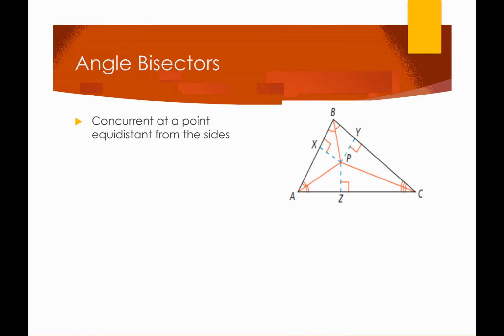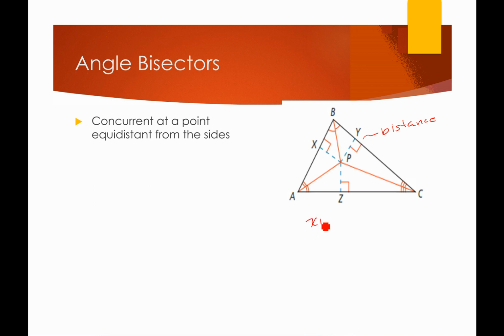Now again, angle bisectors are going to bisect each angle, and they're also going to be concurrent. That point ends up being equidistant from the sides. Remember, in an earlier lesson I said that the distance is going to be the perpendicular, so it's from a point to a perpendicular. So the point is equidistant from all of our sides.